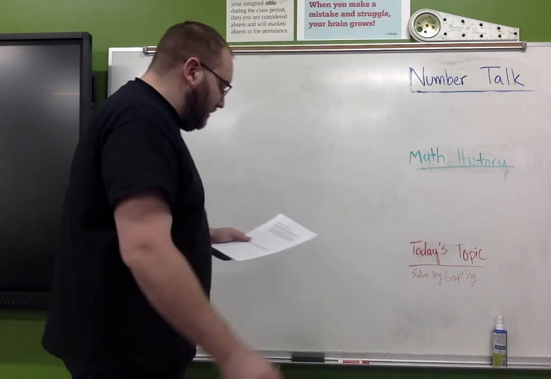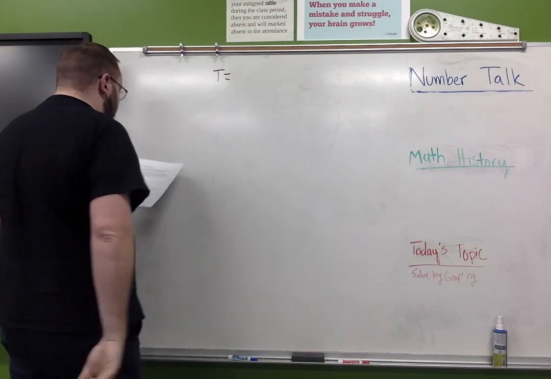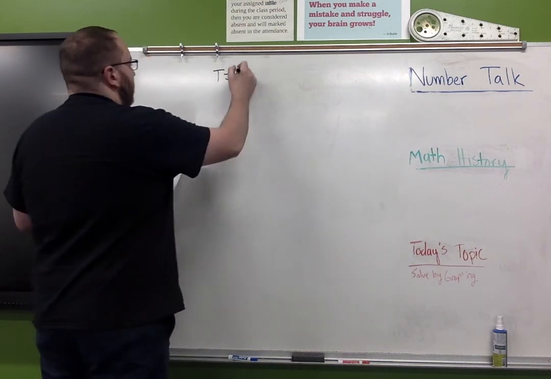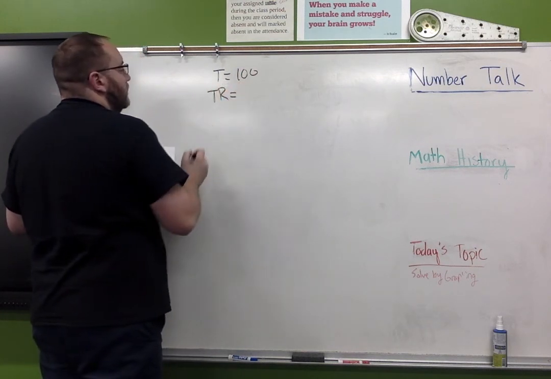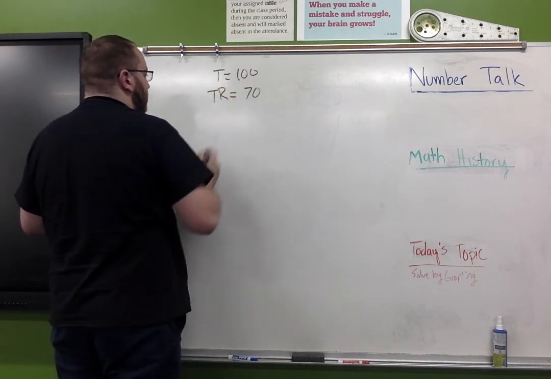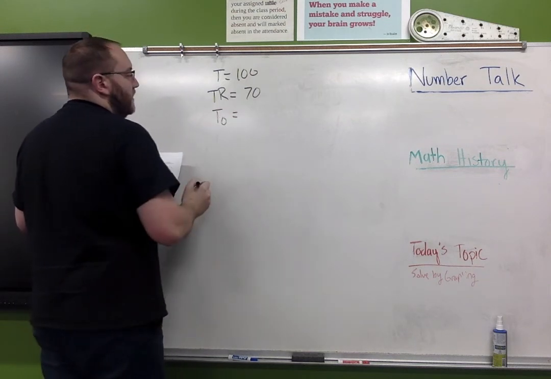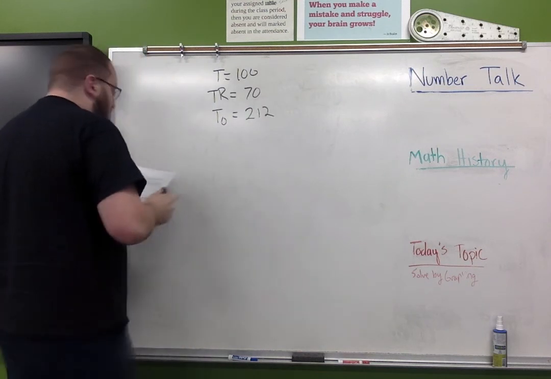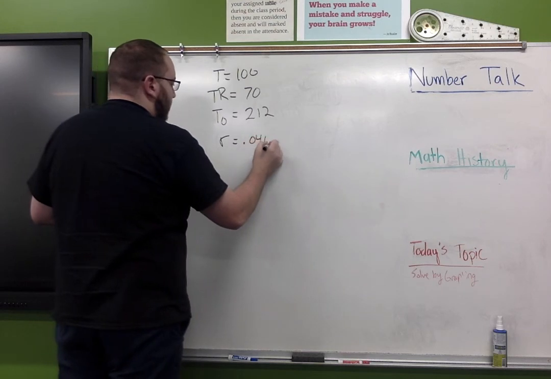Okay, so let's see here. We need T. T is the temperature that we want it to become, which is 100 degrees. T_R is room temperature, which is 70 degrees. T sub 0 is the starting temperature of the substance, which is 212 degrees. R is the rate of cooling, which is 0.046.